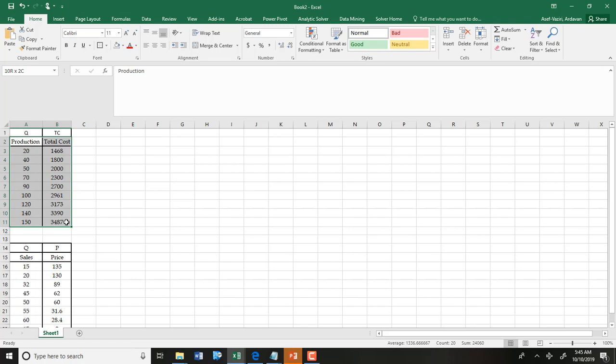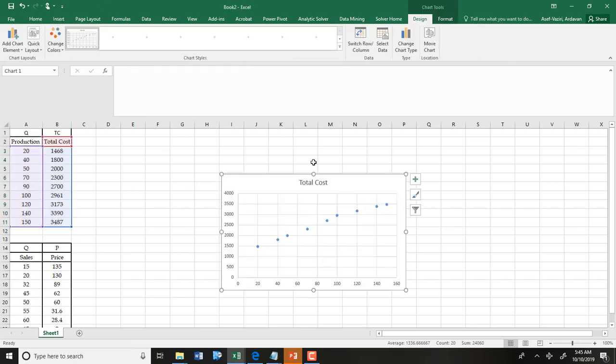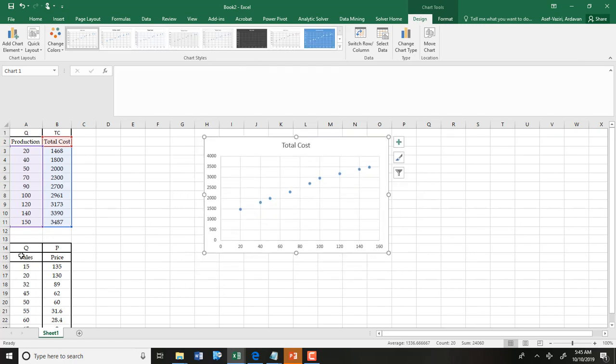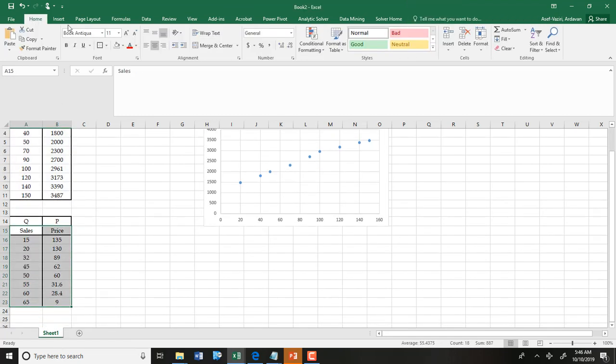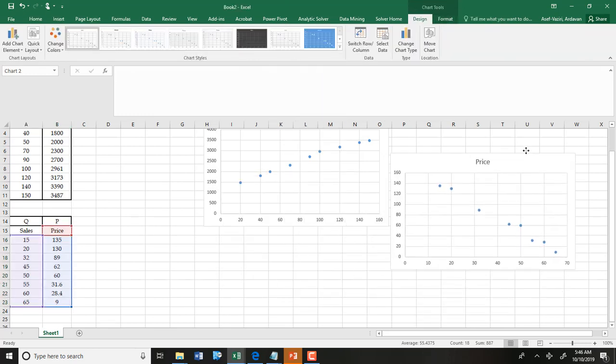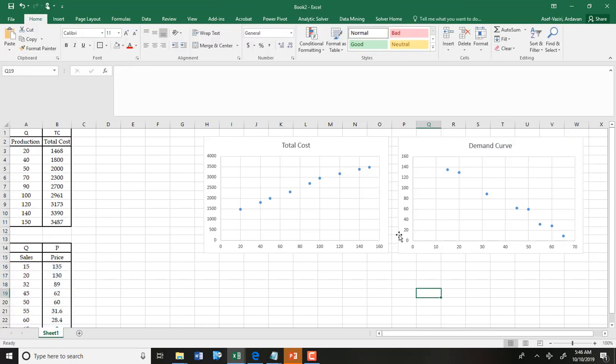If I go here, insert, and go to scatter graph, this is my total cost, and I can mark this part and insert a scatter graph, and here is my demand curve, which shows the relationship between price and quantity.